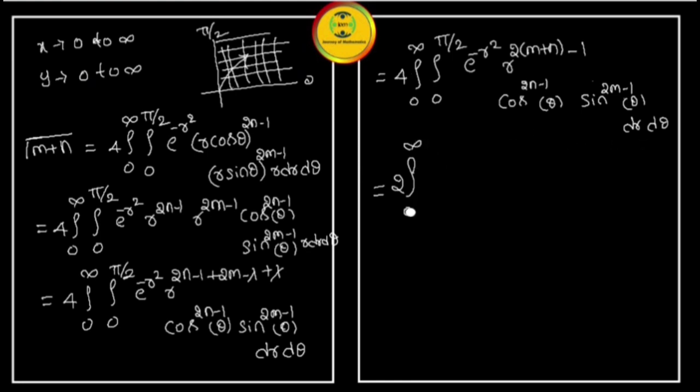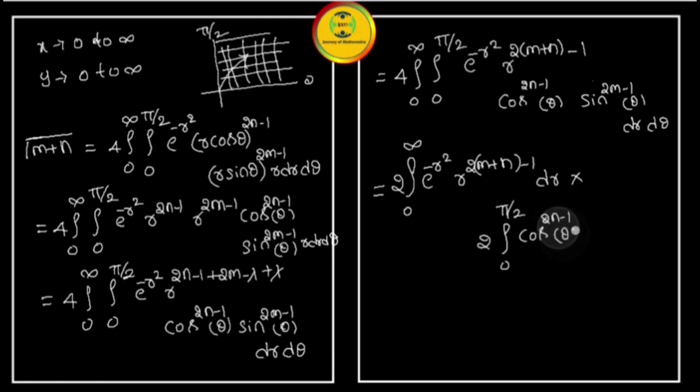So I can write integral 0 to infinity e power minus r square r power 2 into m plus n minus 1 dr. This is about all the r terms, into 2 into integral 0 to pi by 2. That means the second integral is related to theta, so I can write cos power 2n minus 1 theta into sin power 2m minus 1 theta d theta.